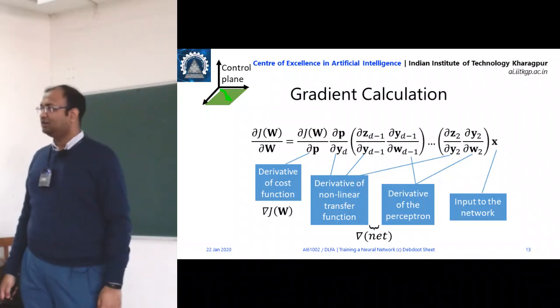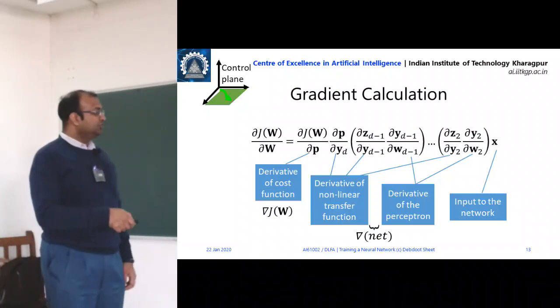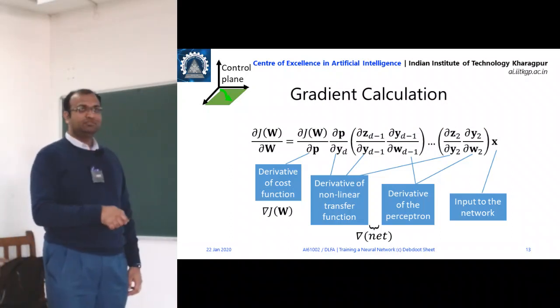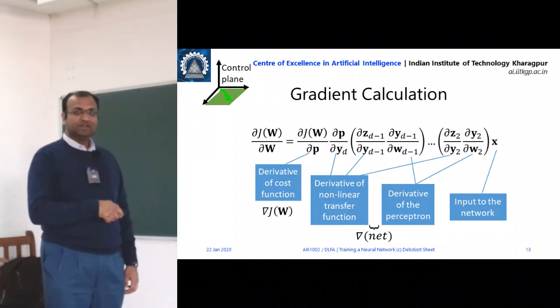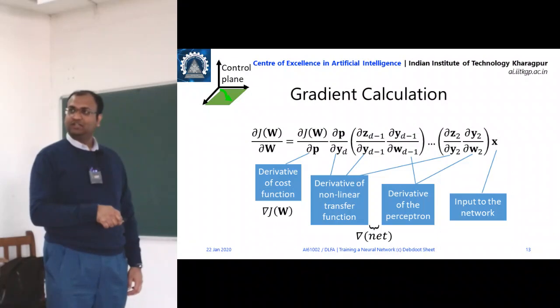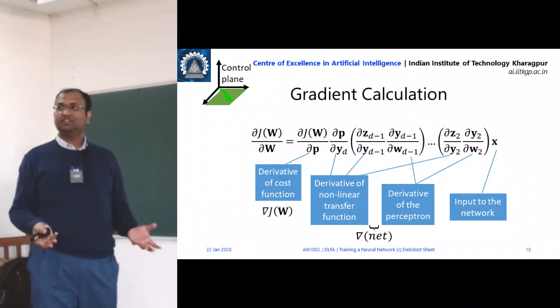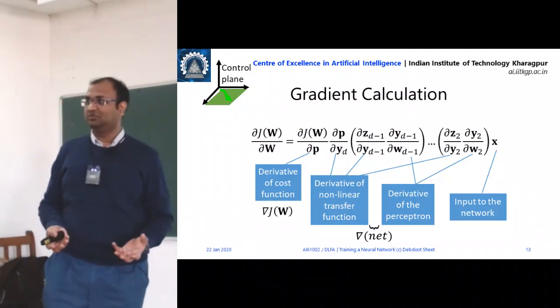Okay, or nabla net. So now your network needs to be differentiable, your loss function needs to be differentiable, and in order for your network to be differentiable, your nonlinear transfer function also needs to be differentiable. Anyways, this perceptron model is differentiable because that is just a matrix operation and nothing more.